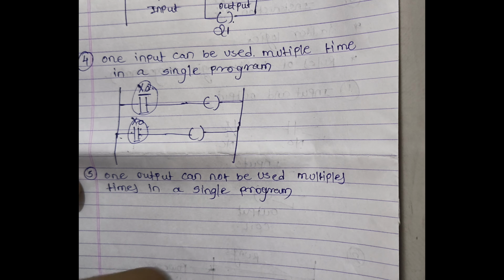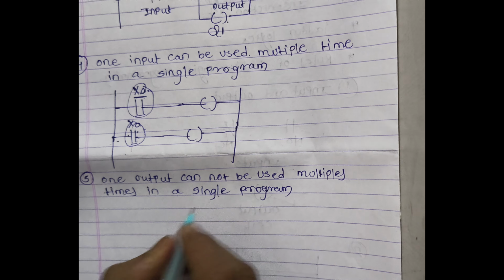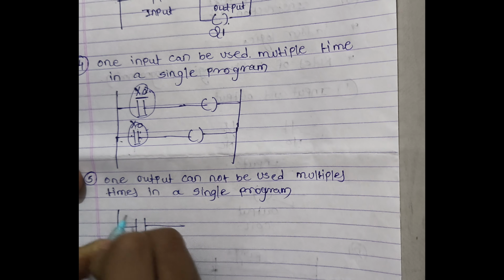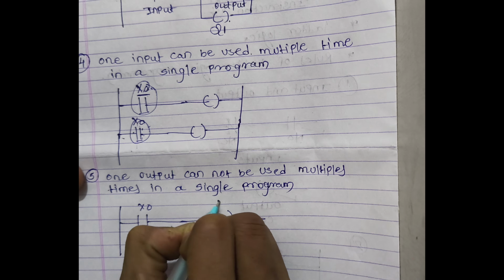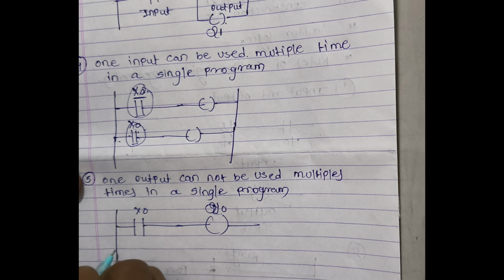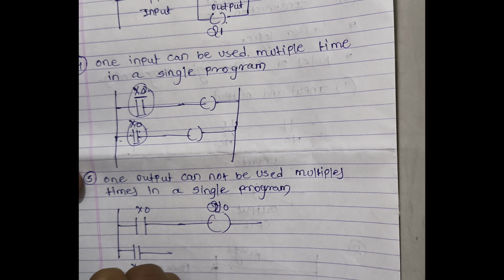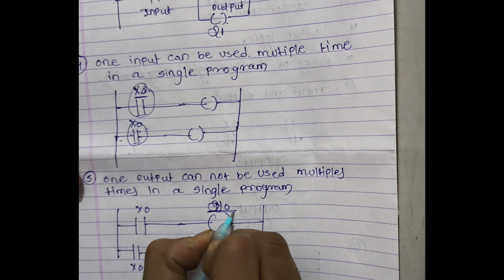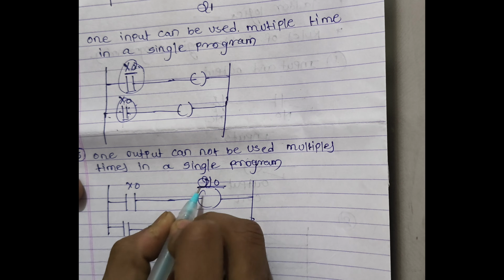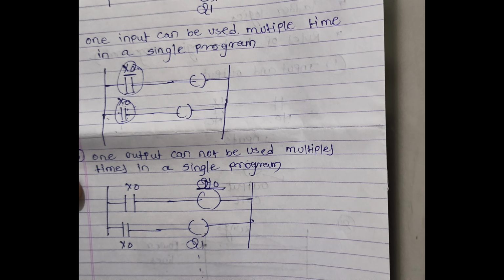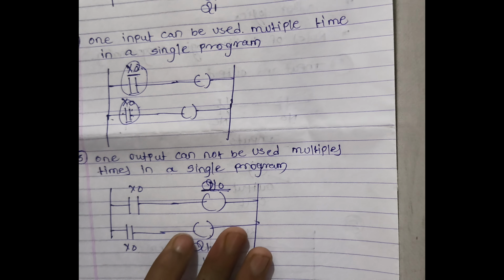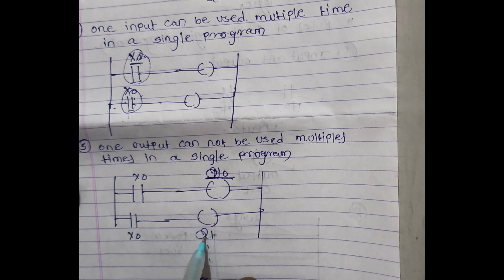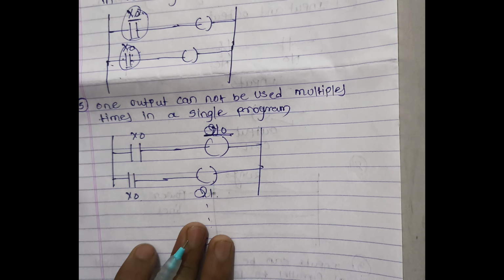Here I have used x0, then the output is y0 or q0. Next I also used x0, the same input, but we cannot use q0 or y0 again. We use the next address, Q1, and so on up to Qn. First we have to use Q0, then Q1, then Q2, Q3 up to Qn.